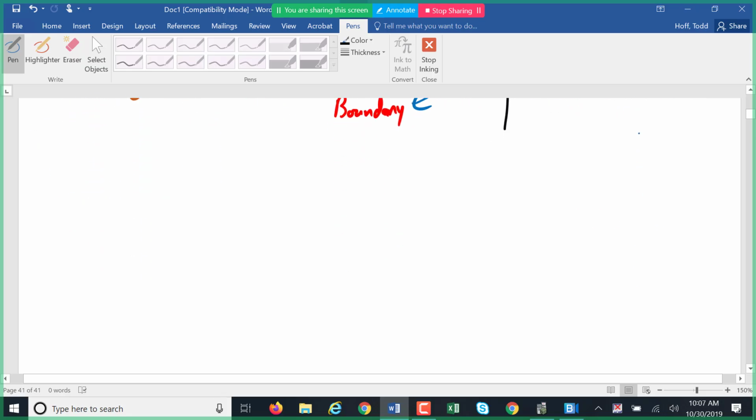Let's try another one. Let's do 2y equals 4. Let's just do 4 minus x. I gotta forget, but 2y is greater than 4 minus x.